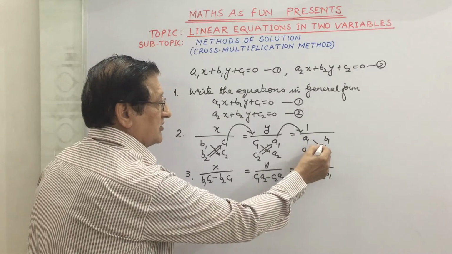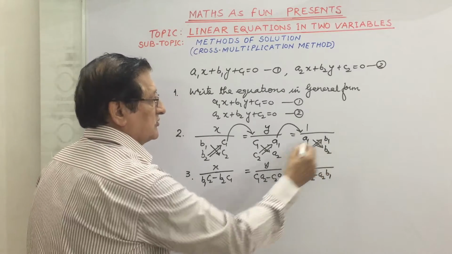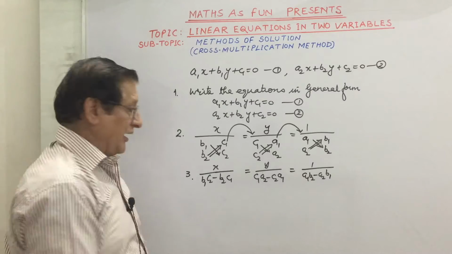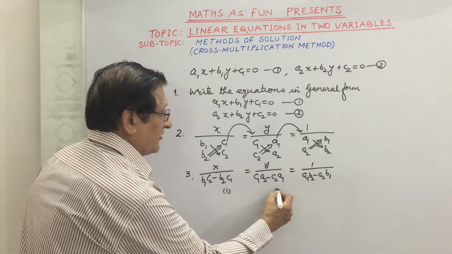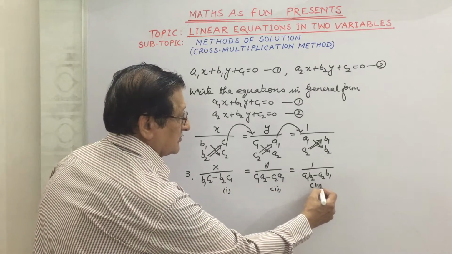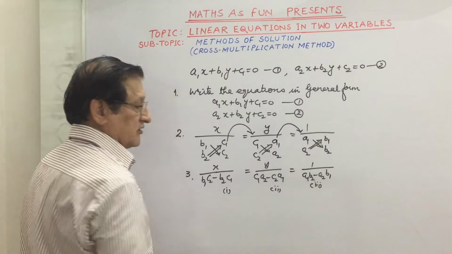This is the same here, this into this minus this into this. And as I told you, we will write them as first, second, third expressions to find the value of x.